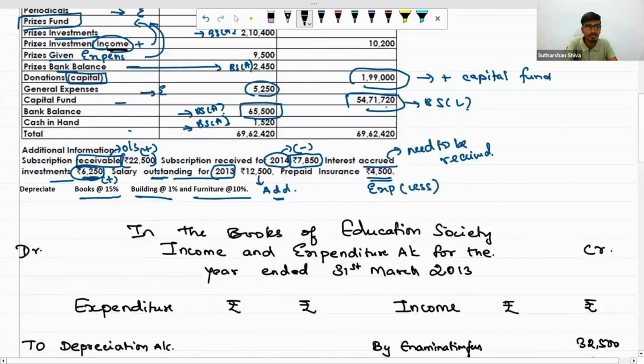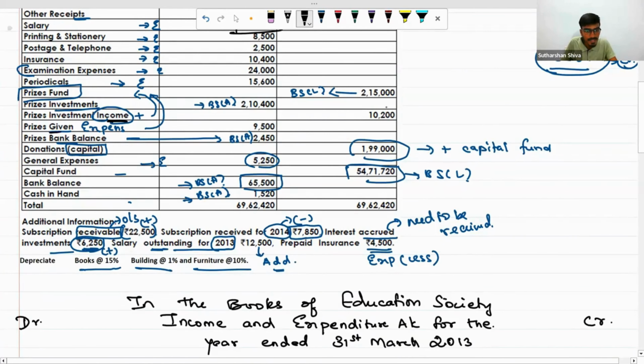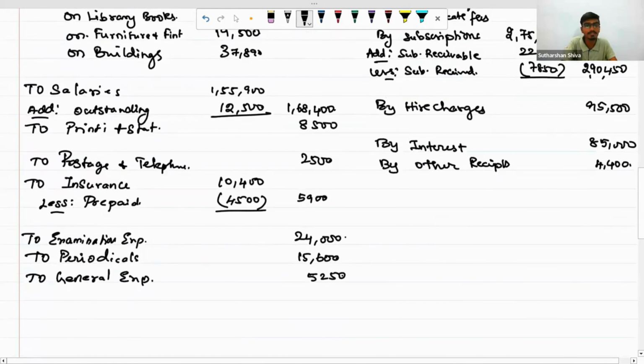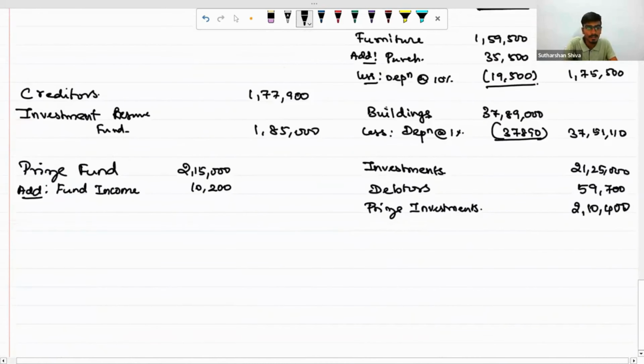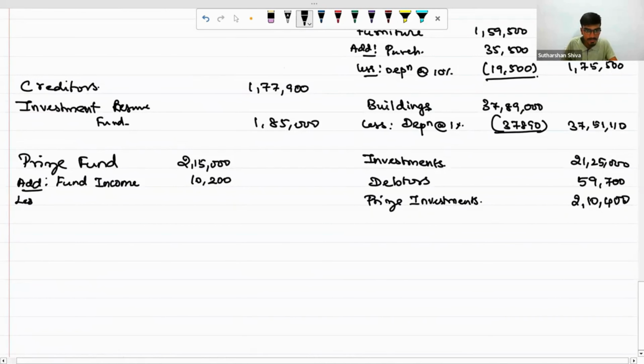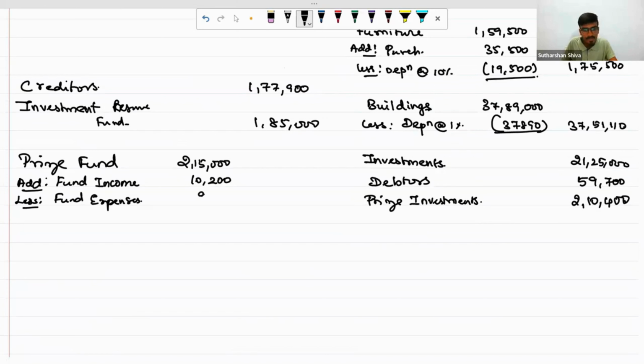Next, I will do prizes given, that is an expense which has occurred, that is 9,500. Less fund expenses, we will write prizes given, 9,500 we will deduct.